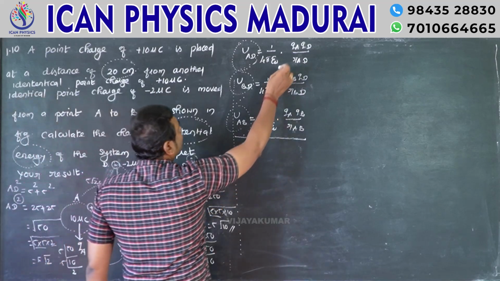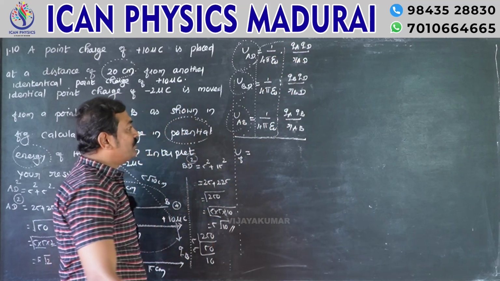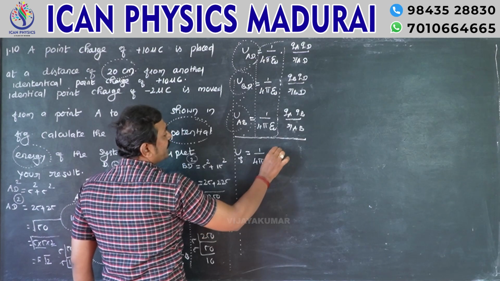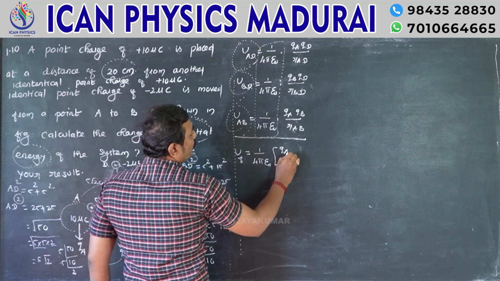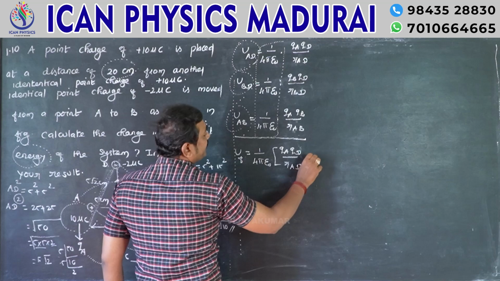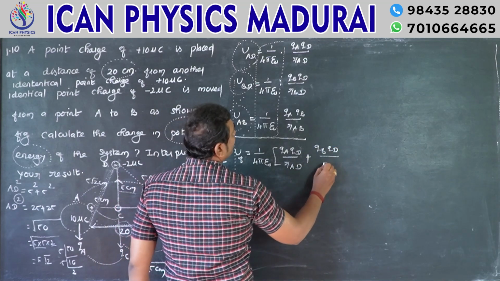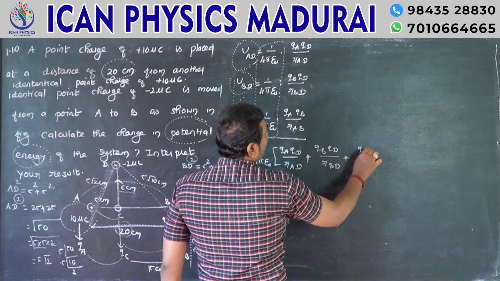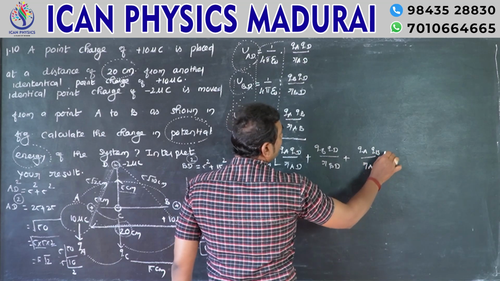then we can get the final electrostatic potential energy. On the right hand side, 1 by 4 pi epsilon 0 is common, so it can be taken as common. What about the remaining? That is QA QD by RAD plus QB QD by RBD plus QA QB by RAB.